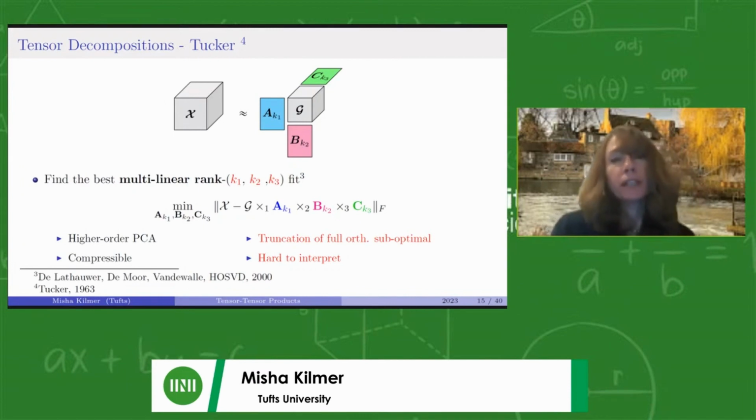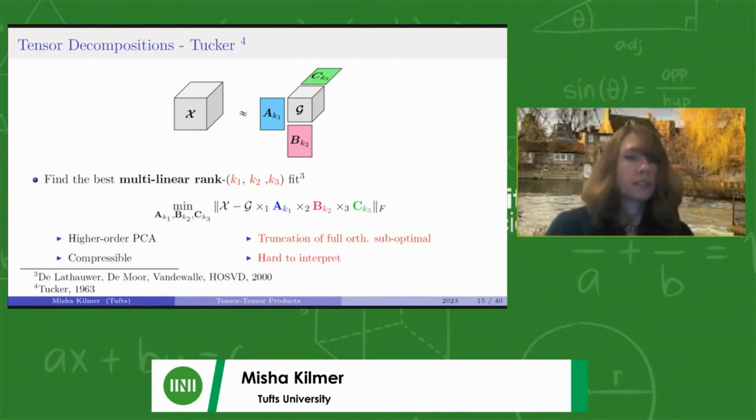In this case, we can actually put orthogonal constraints on the factor matrices. So we might require, say, that the columns of A are orthonormal. And you could actually replace this approximation sign with an equal sign and find this factorization in polynomial time. It's just a matter of unfolding the tensor 3 different ways and taking matrix SVDs, and that will give it to you.